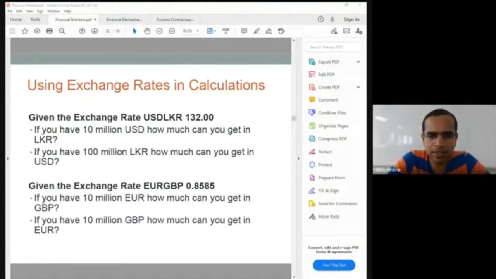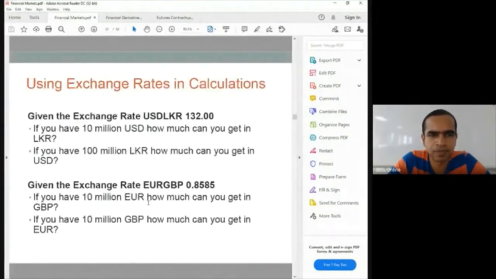Okay, so in that case, we can continue from where we stopped last week. Shall we try this question? We didn't do this last week, isn't it? Question number 1.